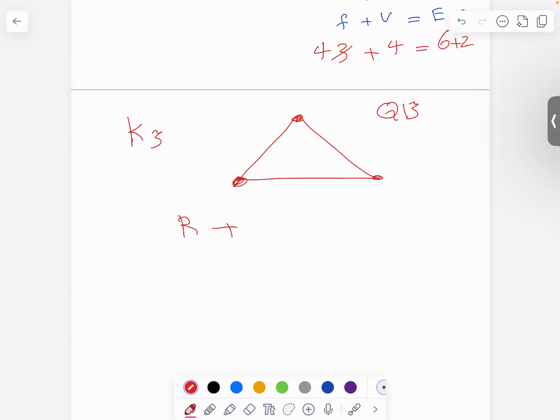So 2. How many vertices? How many edges? 3 plus 2. So 5 equals 5. So how many here? How many regions do you see here? One here. It's an area trapped, roughly speaking, among the edges. Here as well, 3, and 1 outside.